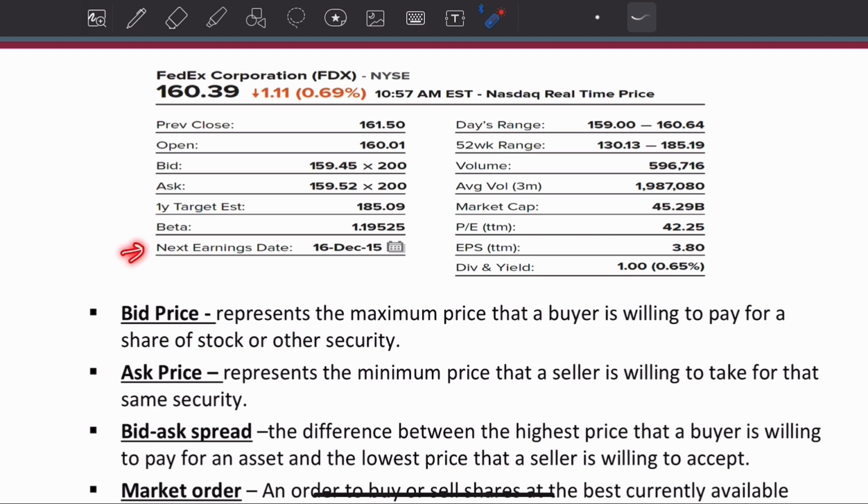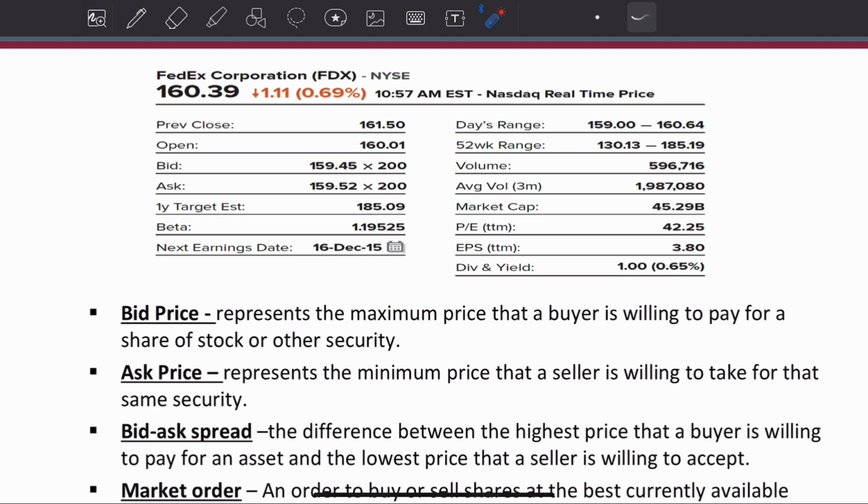And then we have the next earnings date. We have the day's range, so the stock price within the trading day, the lowest price and the highest price. We do have a 52-week range that represents the range of the stock price within the last 52 weeks, so within the past year. And then we have volume. We have average volume over 3 months.